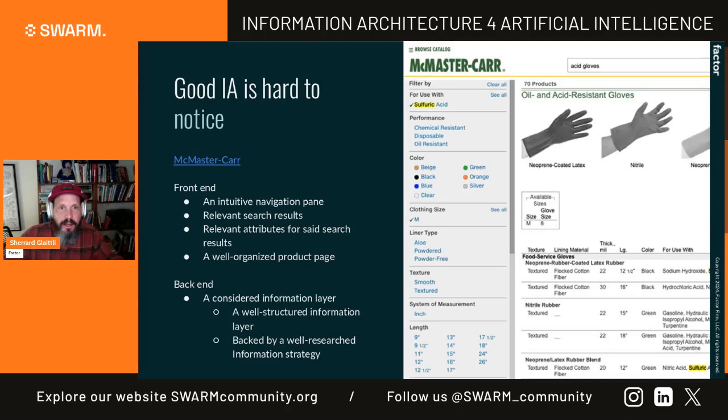And lastly, the product page itself is extremely well organized and tailored to the user's needs. I just need to get this tool. I need to find it by these specifications, and then I need to get out.